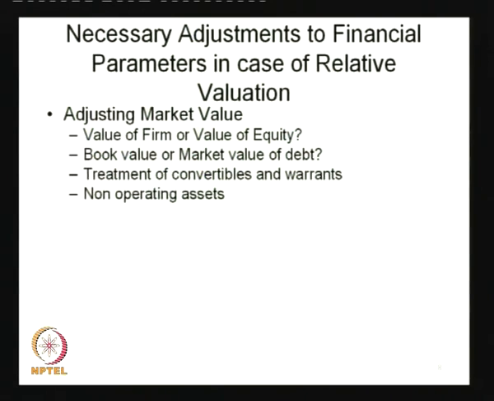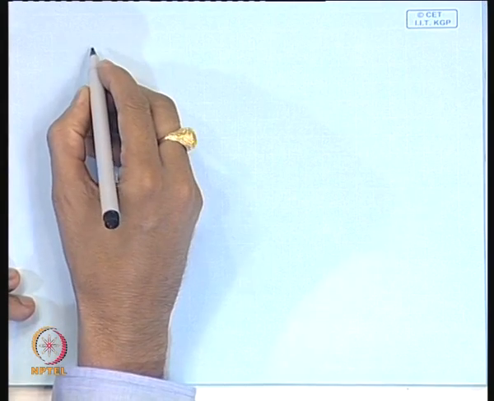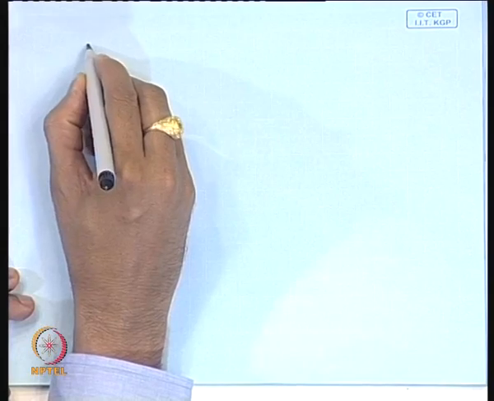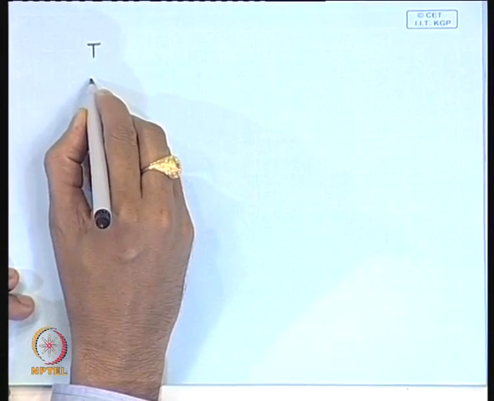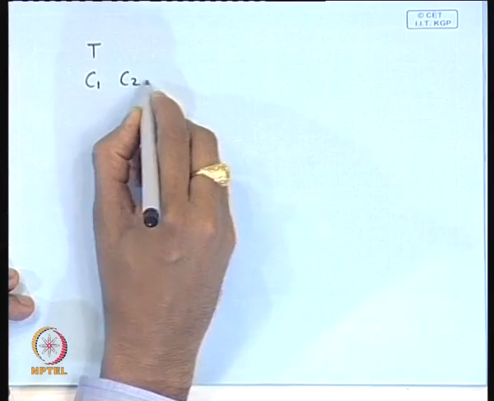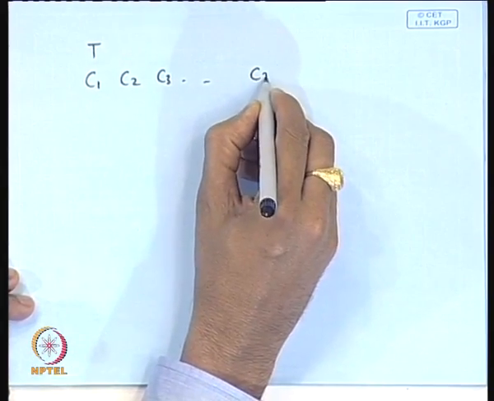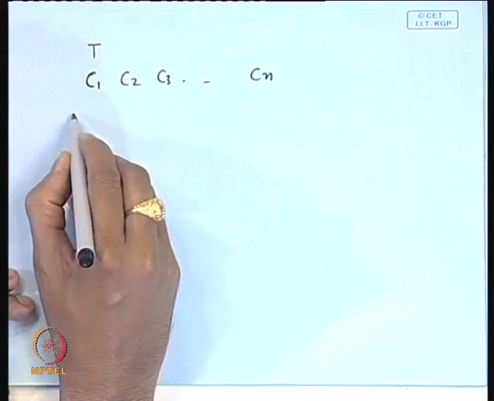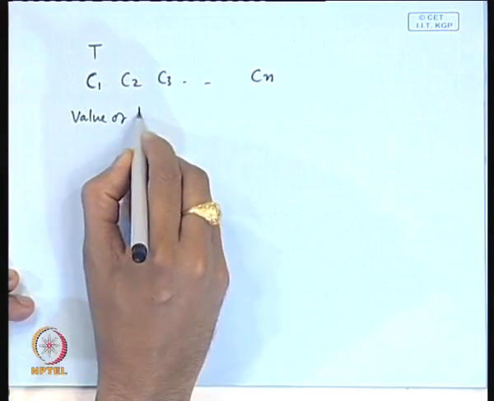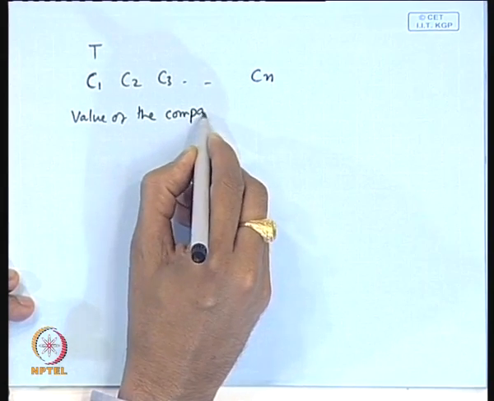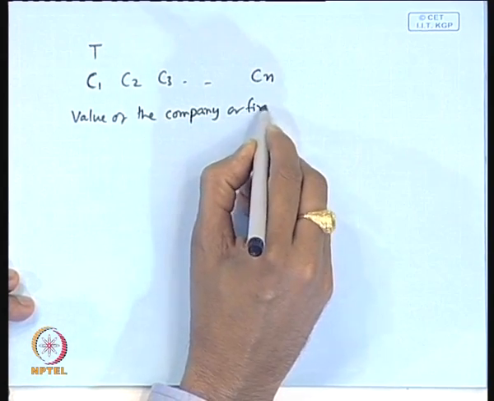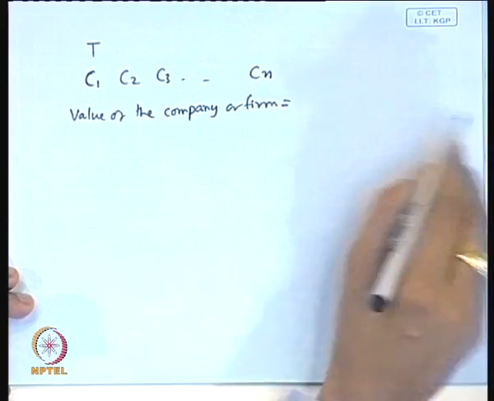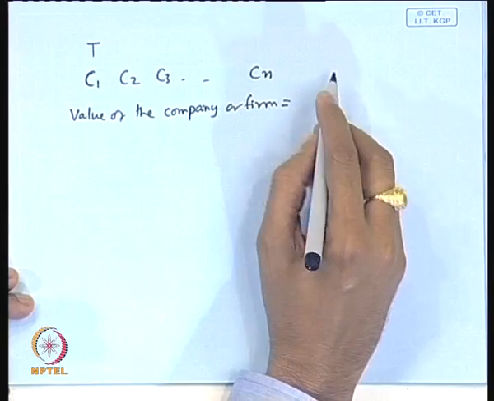When you are going to find out the market value of a particular company or the comparable company, one can have a condition like this. Let us say we have a target company called T, and we have comparable companies like C1, C2, C3 up to Cn. We end up finding the value of the company or firm, meaning the value of the entire assets in the company as such.